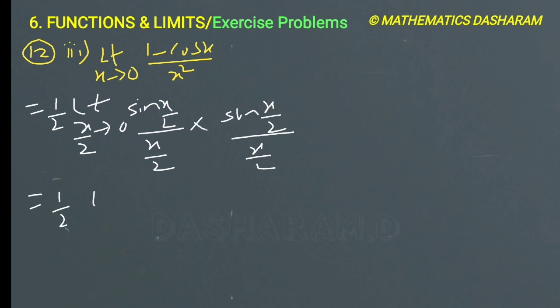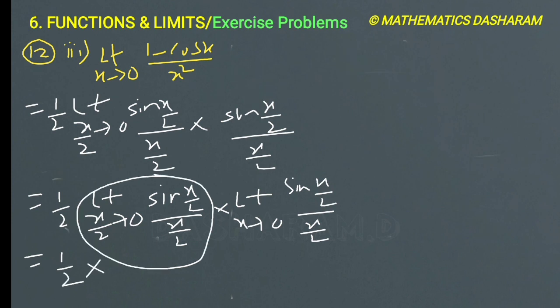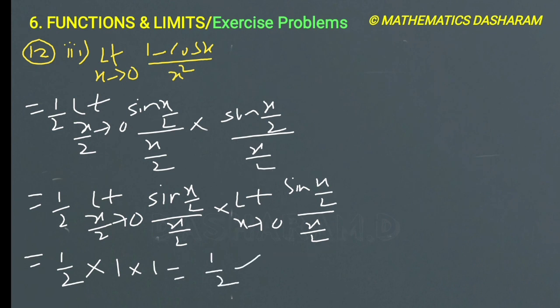So 1 by 2 into limit x by 2 tends to 0 sin x by 2 by x by 2, into limit x tends to 0 sin x by 2 by x by 2. So 1 by 2 into, as per the formula, its value is 1. This is also 1. So overall 1 by 2 is the answer.